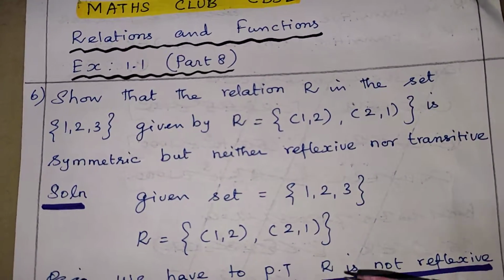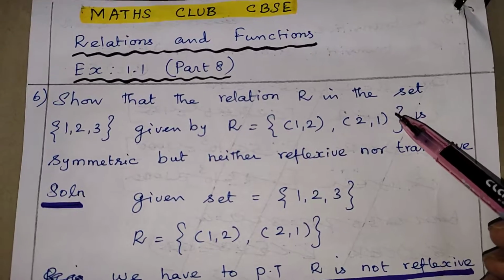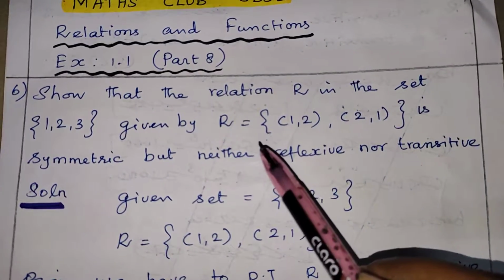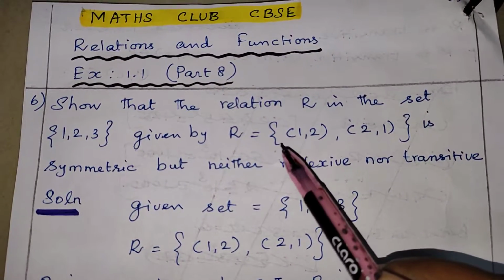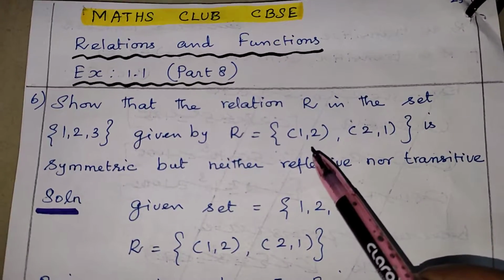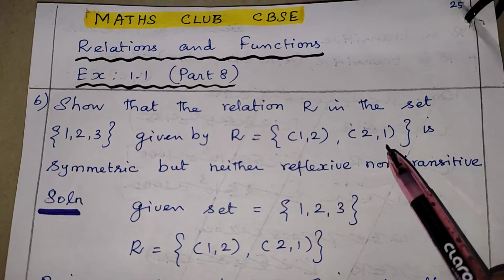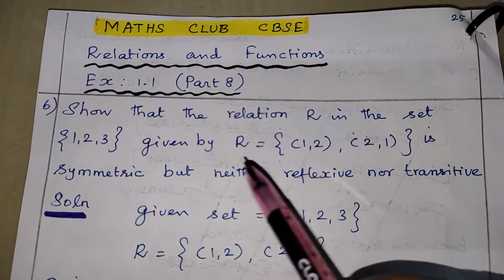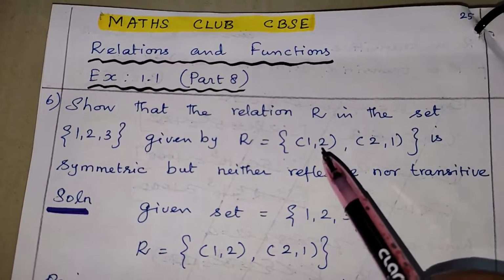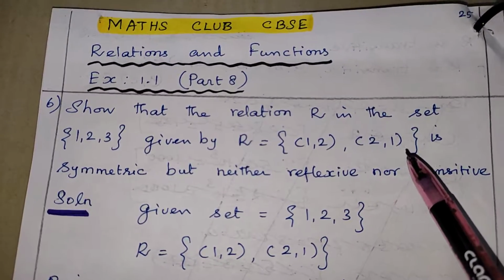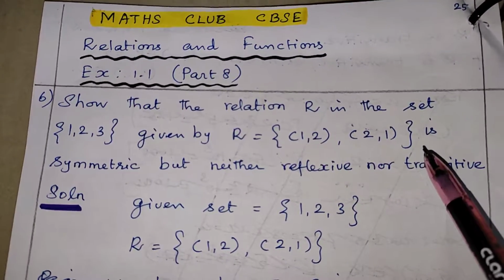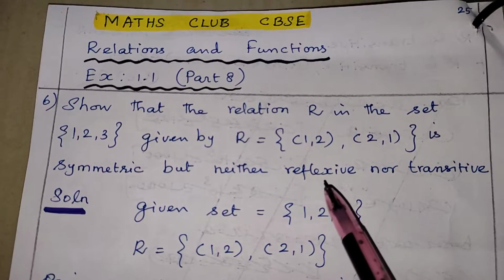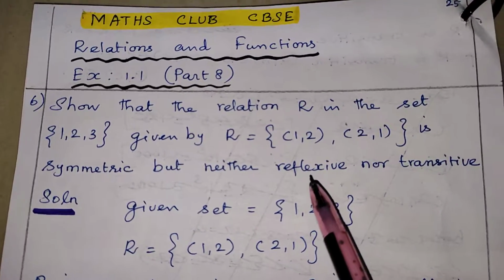Show that the relation R in the given set {1, 2, 3}, given by R = {(1, 2), (2, 1)}, with two pairs only, is symmetric, not reflexive, not transitive. These three conditions we have to prove here.